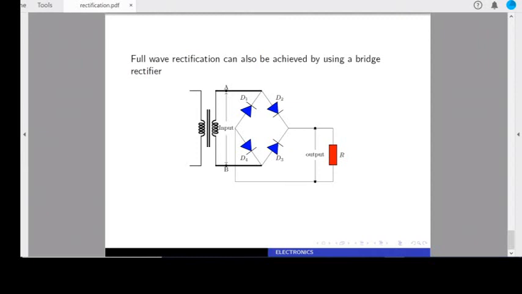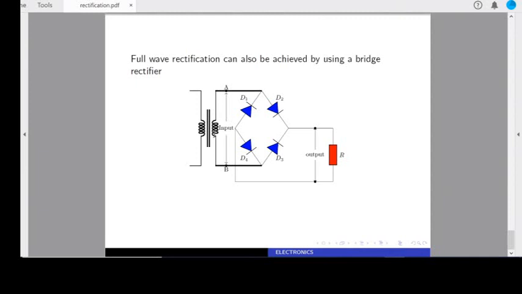In the second half cycle, the upper part is not conducting, it is the lower part that is conducting. The current comes, passes through D3, passes through the load, and then passes through D1, and goes back to the transformer.